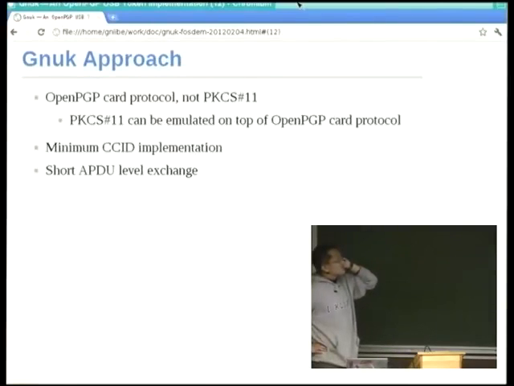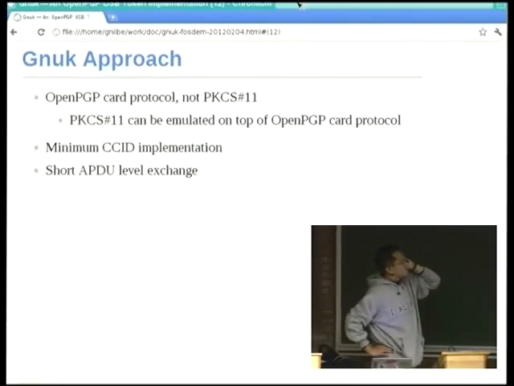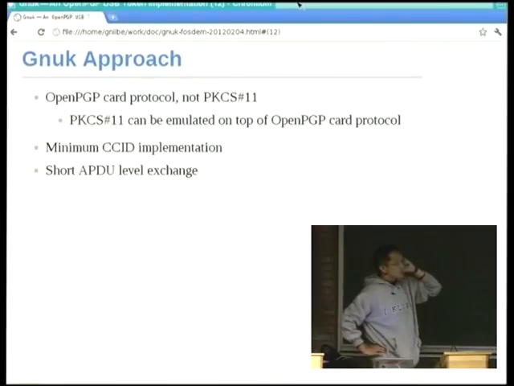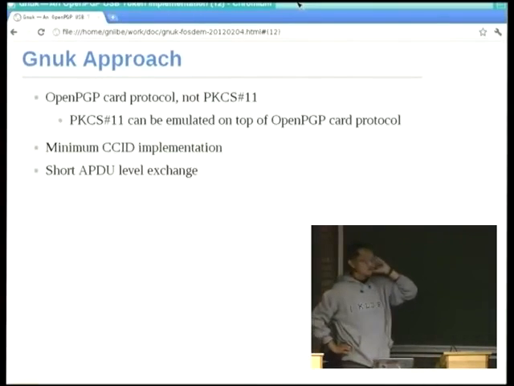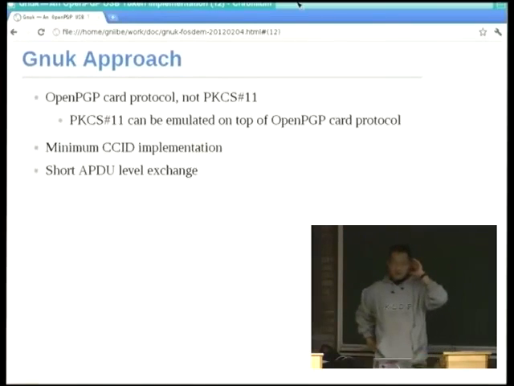So Gnuk's approach is that I focus on the software and I keep the software as simple as possible. Our approach is to implement the OpenPGP card protocol, not PKCS #11 directly, because PKCS #11 can be emulated on top of the OpenPGP card protocol. A good example is the OpenSC project. And I keep the implementation minimal for CCID communications.